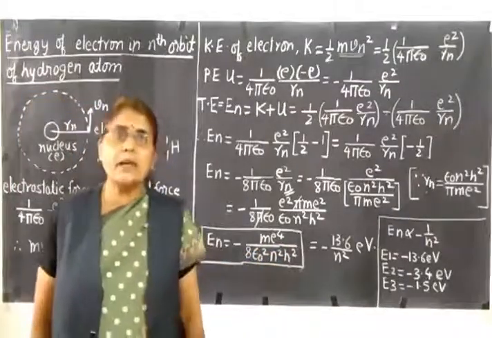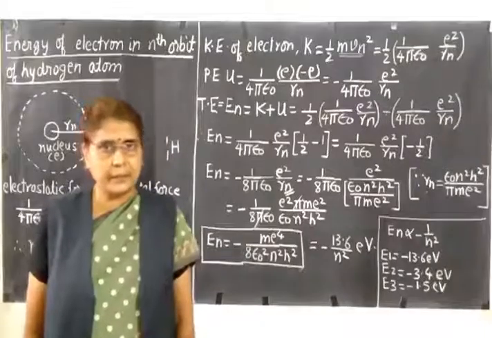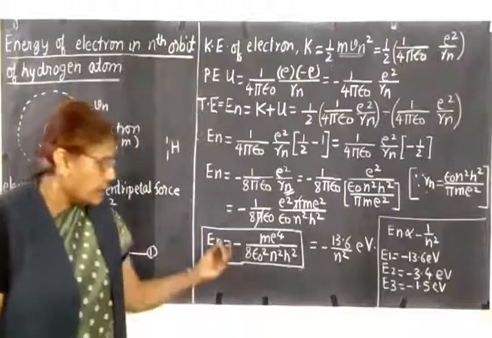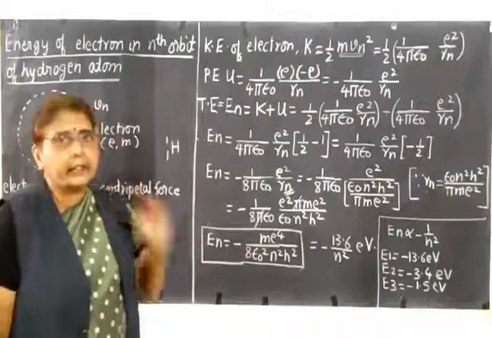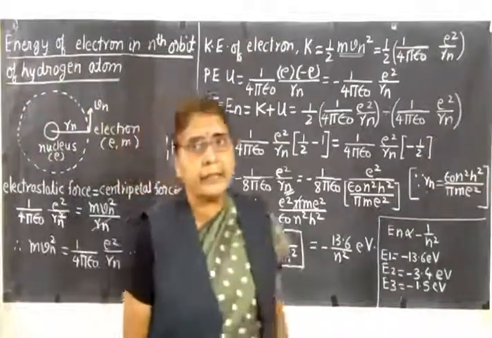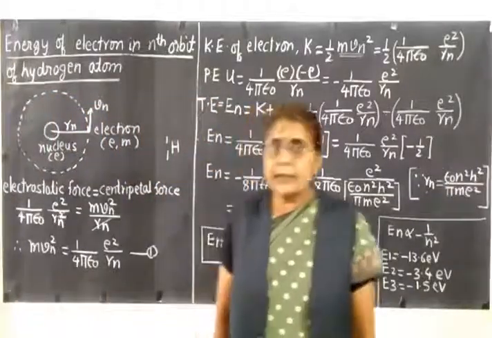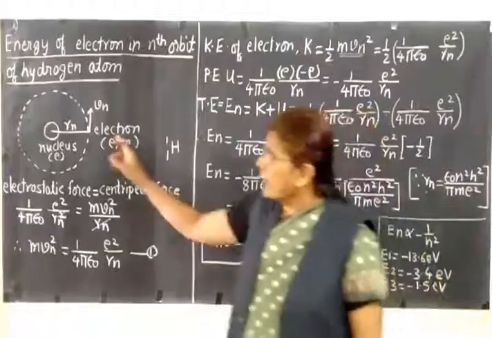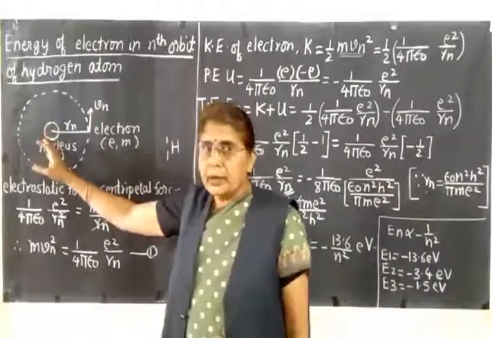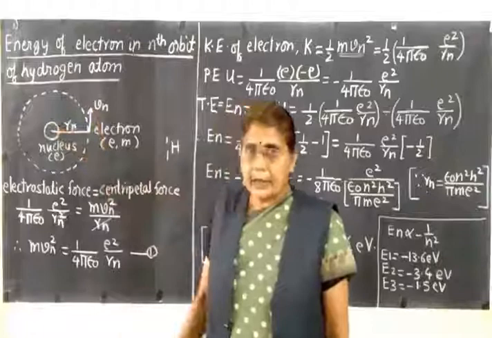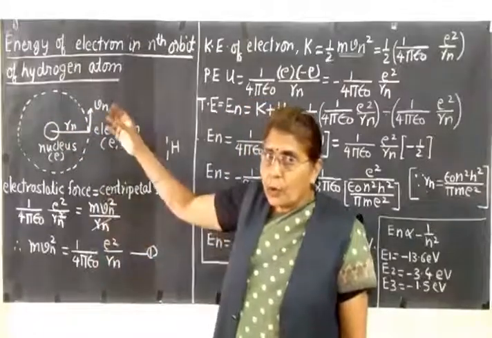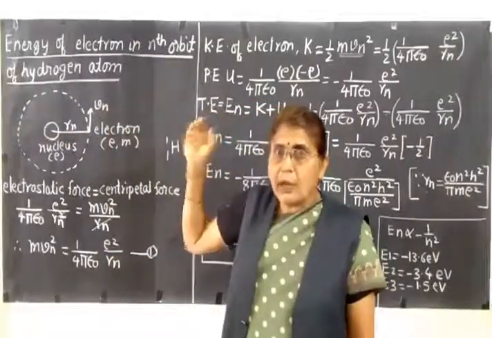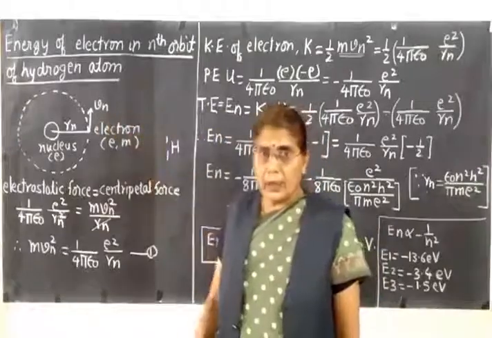Let us draw some conclusions from this final expression. First thing, it is with a negative sign. So what does the negative sign indicate? The negative sign indicates that the electron is bound to the nucleus with the electrostatic attraction. And if you want to remove the electron from the atom, you have to supply energy to the electron.